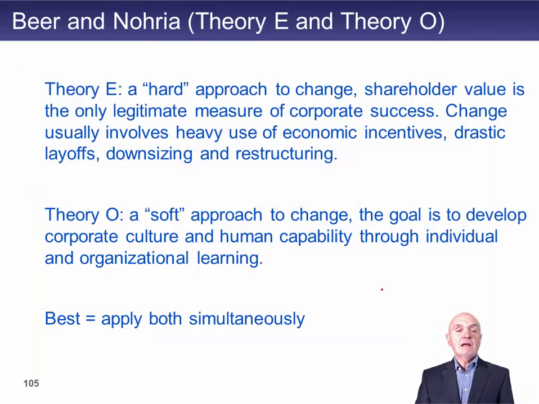And finally, Beer and Nohria, the Theory E and Theory O approach to change. Theory E, think economics. This is what they call a hard approach to change, where the required changes and the successive changes are really measured by shareholder value, which is basically the profits there.